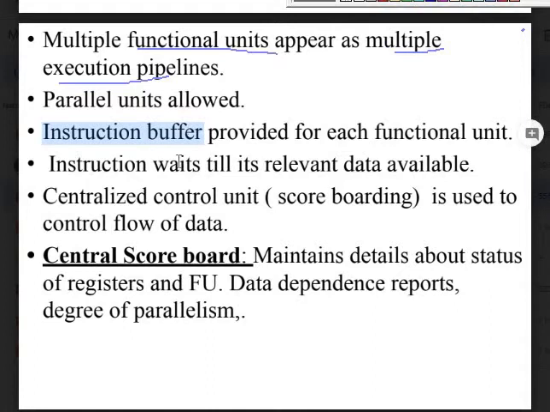Inside each instruction buffer, the instruction waits till the data becomes available. Once data is available, then it enters the pipeline. Otherwise it will be kept in the instruction buffer in a waiting situation, till data becomes available. To perform all this, we have a centralized control unit called the scoreboard.